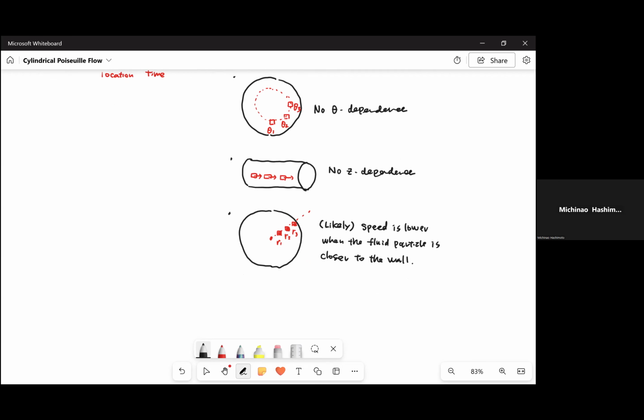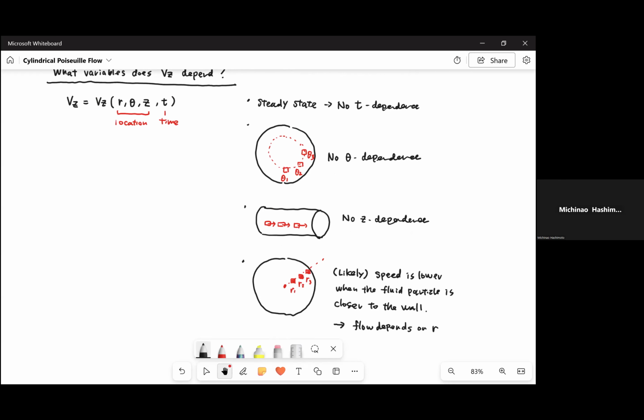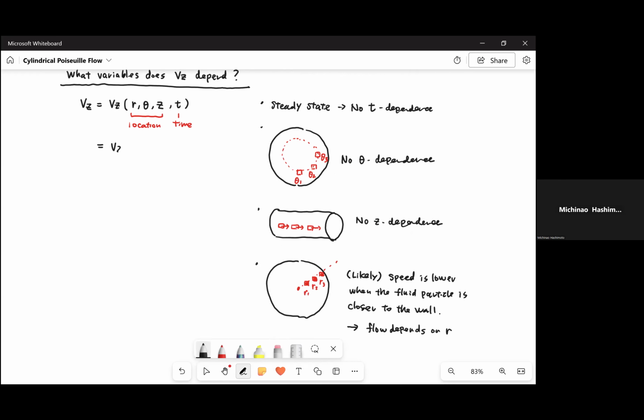So it's most likely that the flow depends on the radius. So this argument really tells you that this velocity vz potentially depends on r, theta, z, t, the four variables.